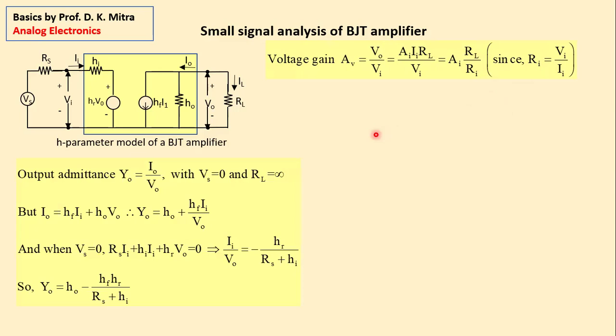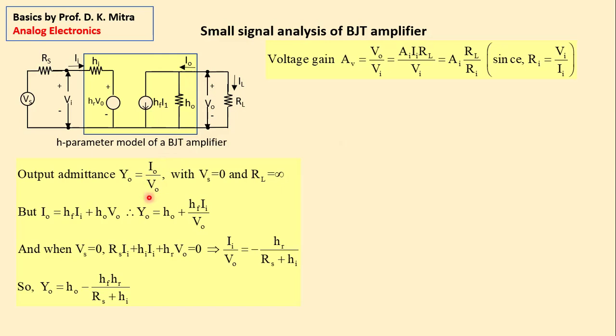Now, the last and fourth parameter of an amplifier is the output admittance. Admittance is current by voltage. Output admittance, that means if you look from here backward into the amplifier, what is the admittance? Resistance is voltage by current, and admittance is current by voltage.